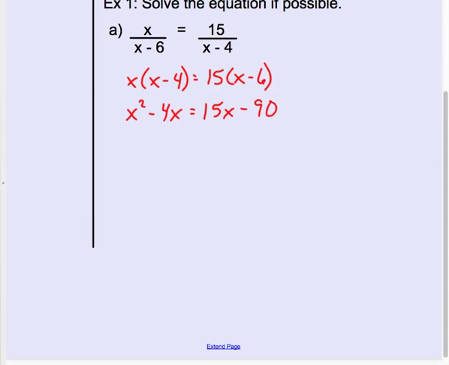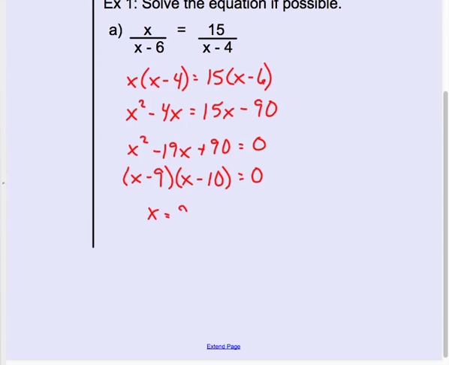We've got a quadratic equation, so I'm going to move everything over to one side and set it equal to 0, and try to factor. What multiplies to 90 and adds to negative 19? Negative 9 and negative 10. So I get solutions of x equals 9 and 10. Check your answers. Do they work back in the original equation?